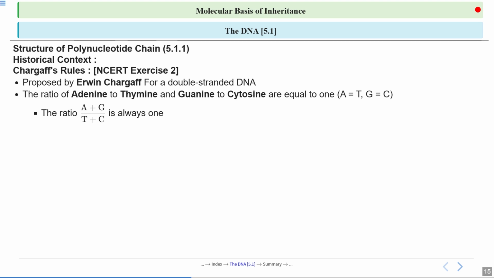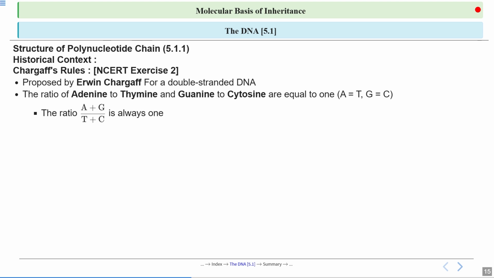That's why they say that if we divide adenine by thymine, it will be 1 because both are the same. If you divide 5 by 5, it will be 1. If you divide 30 by 30, it will be 1. So he's saying that the adenine to thymine ratio as well as the guanine to cytosine ratio is always equal to 1, because A is going to bind to T with 2 hydrogen bonds, and G binds to C with 3 hydrogen bonds.